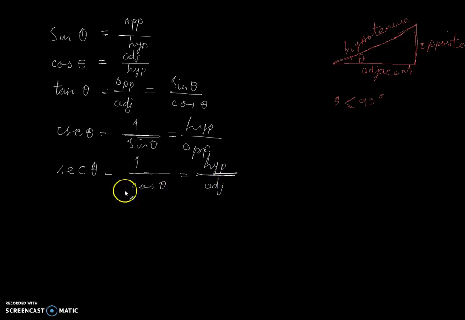And you have cot theta, which is always 1 by tan theta. So 1 by tan theta is the reciprocal of the ratio, which would be cos by sin theta, or adjacent by opposite.